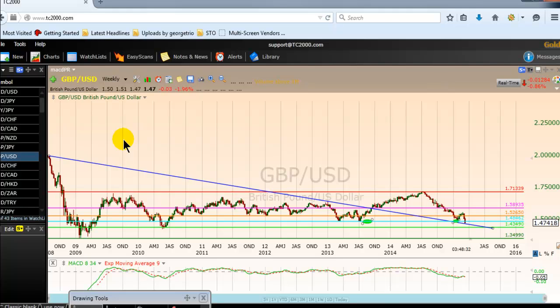So professionals that are trading the Euro dollar are using crude oil as a market indicator. If crude oil gives a bearish signal, there is a high chance that the Euro dollar will go down. But again, though we are Forex traders, we want to use the crude oil as a market indicator, okay?